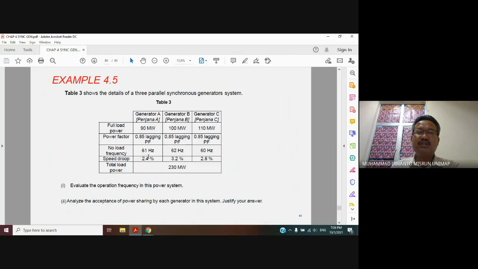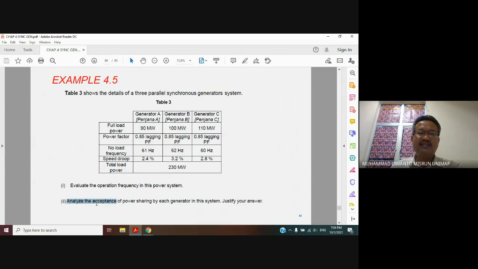This is for generator A, this one is for generator B, and this one for generator C. These 3 generators serve the total load of 330 megawatt.